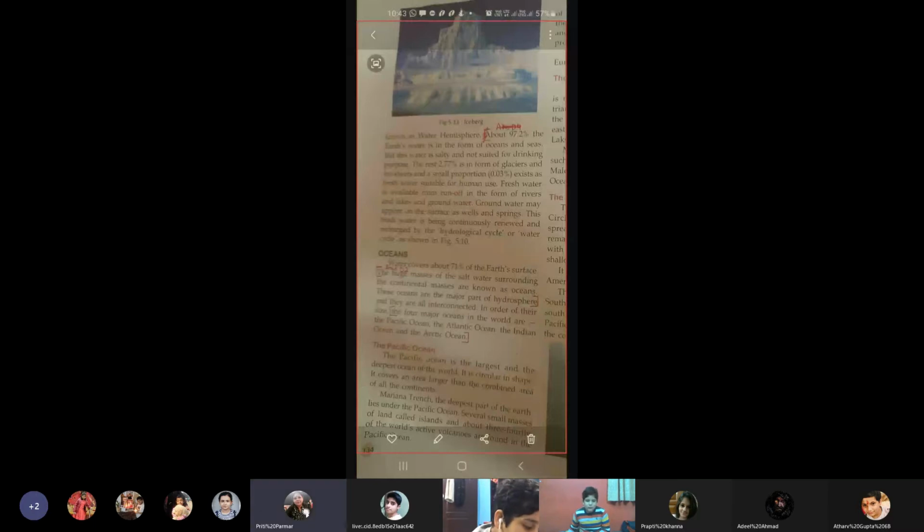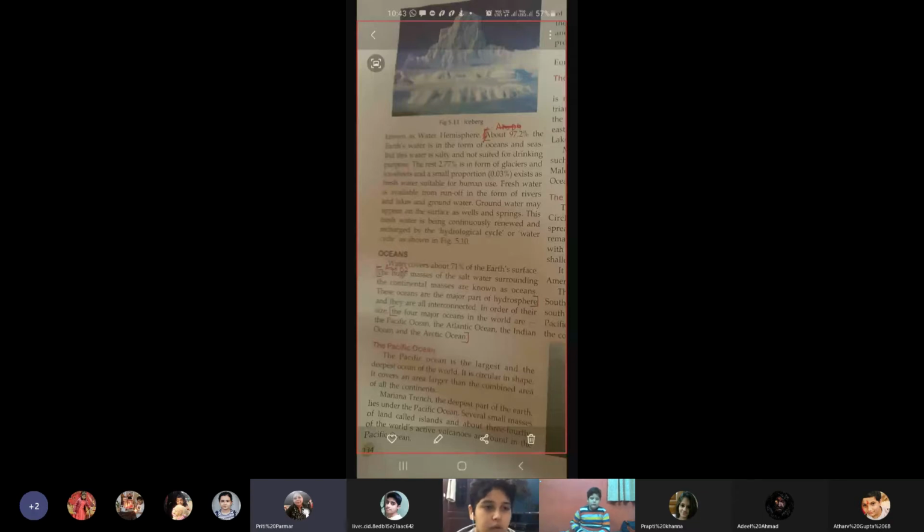Okay. So the Southern Ocean is nothing else but the ocean which is formed near that region. You remember Antarctica is surrounded by three major oceans: the Pacific Ocean, the Atlantic Ocean, and the Indian Ocean. And that is why these three oceans together, in the area where Antarctica is, are known as the Southern Ocean.